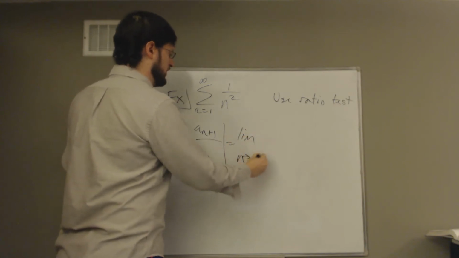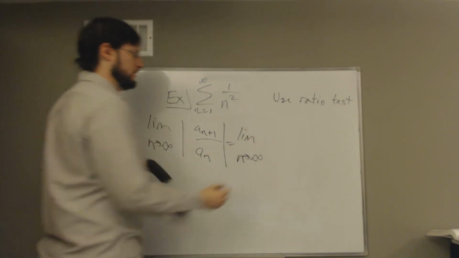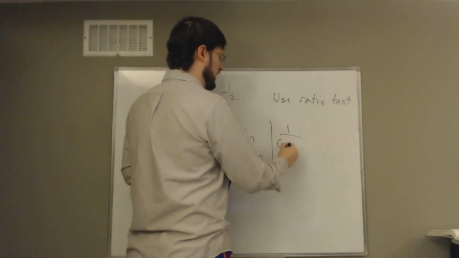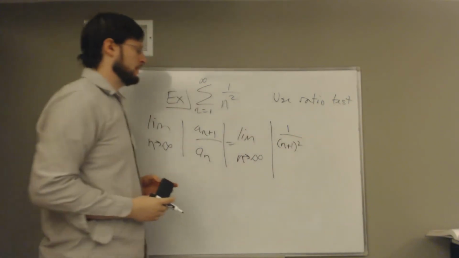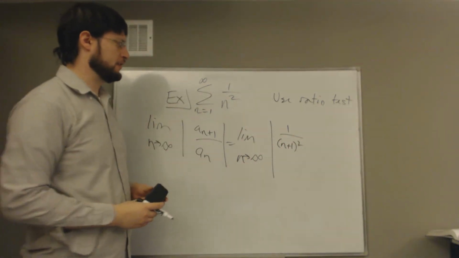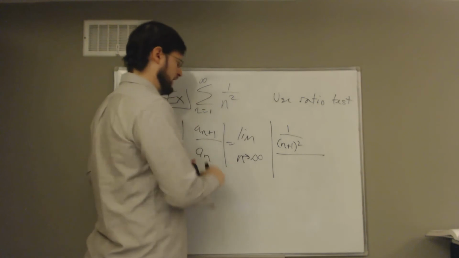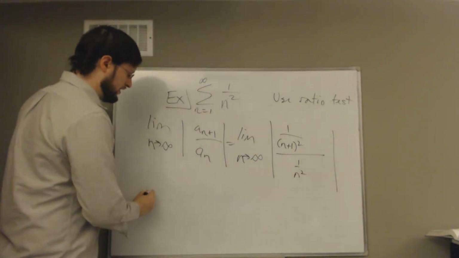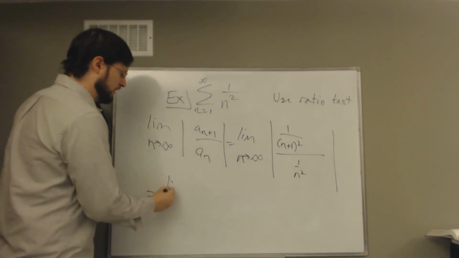which is the limit as n goes to infinity of a_(n+1), which is 1 over (n+1) squared. I'm plugging n plus 1 in for n. Divided by a_n, which is 1 over n squared. Again, everything is positive, so I don't have to worry about the absolute values.